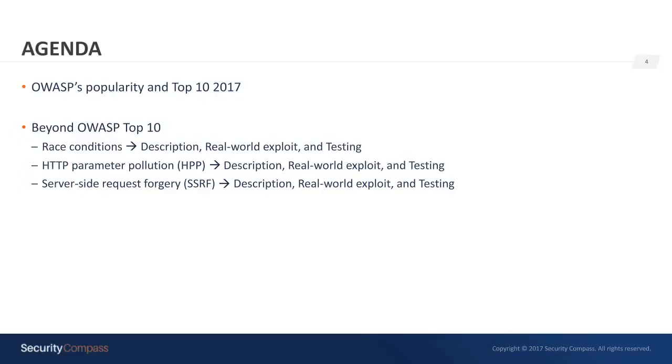The 3 specific vulnerabilities that I would like to draw your attention to today, which are equally dangerous as the OWASP Top 10 list, are race conditions, HTTP parameter pollution, also abbreviated as HPP, and server-side request forgery. The way I'll be covering them today is by giving a brief description, followed by discussion of a real-world exploit, and then some tips as to how you should go about including these tests in your vulnerability assessment efforts.